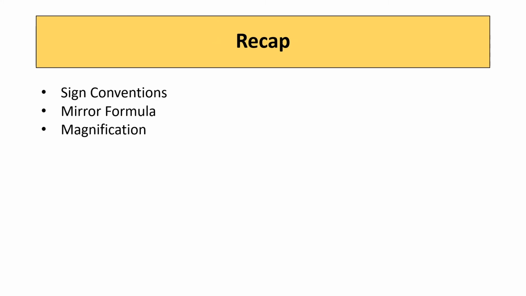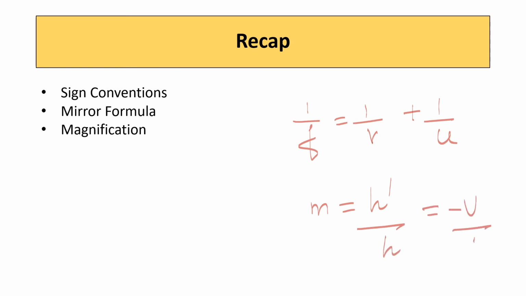In this class, we learned about the mirror formula and magnification. The mirror formula is 1 by f is equal to 1 by v plus 1 by u. And magnification m is h dash by h or minus v by u. These formulas are very sensitive to sign.